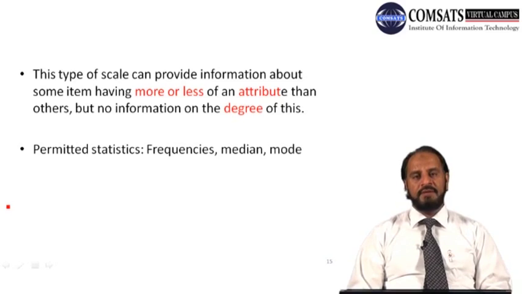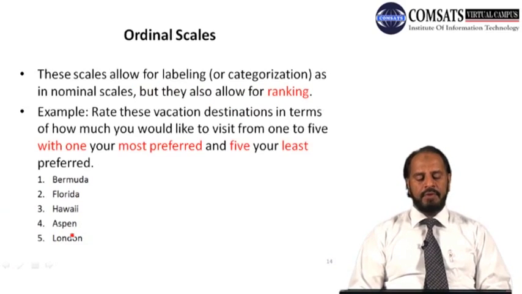So this information is there, but again, in the ranking, if you said you preferred Florida as 1, Hawaii as 2, Aspen as 3, London as 4, and Bermuda as 5, you cannot find the extent of difference. You know that between 1 and 2, this is your first choice and this is second, but how much worse, what the difference between them is, is not known.